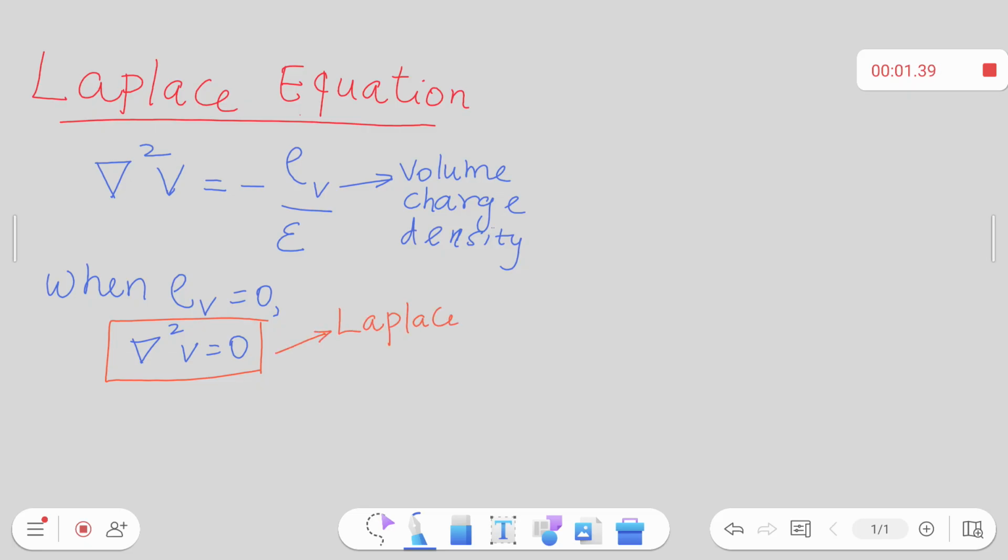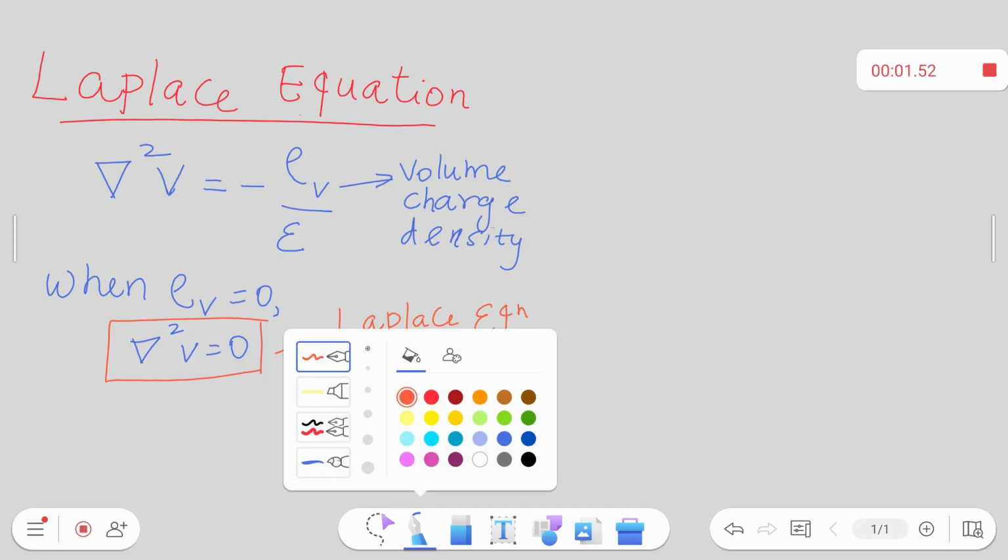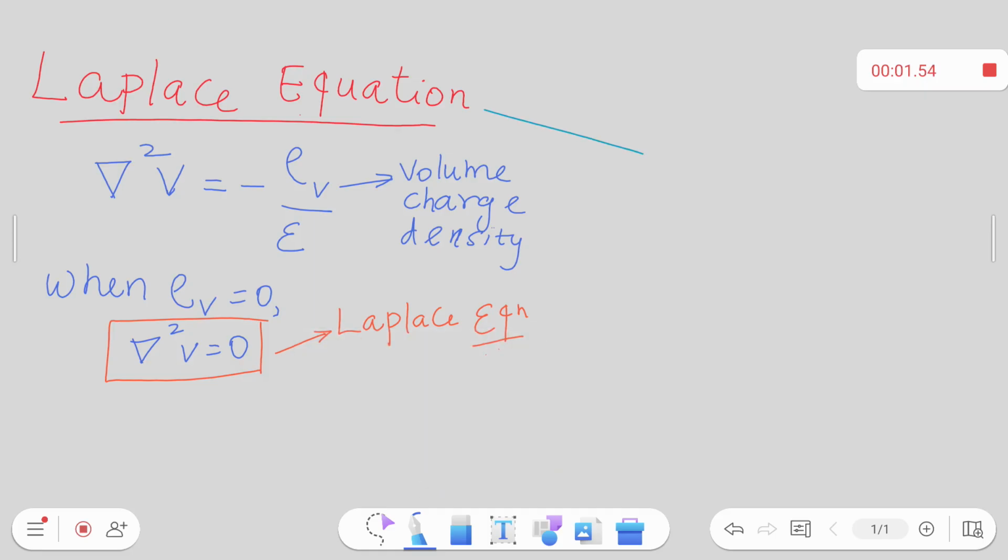For any homogeneous and linear medium, we can say del square V is equal to 0. So this equation is called as Laplace equation. Now the main application of this Laplace equation we can use to determine the capacitance and inductance of any conducting material, of any conductors.